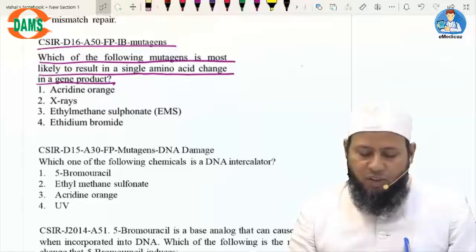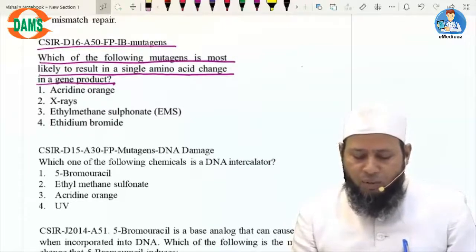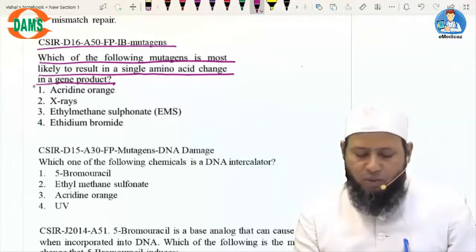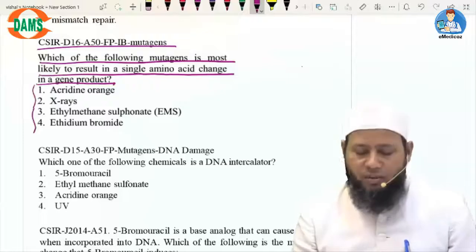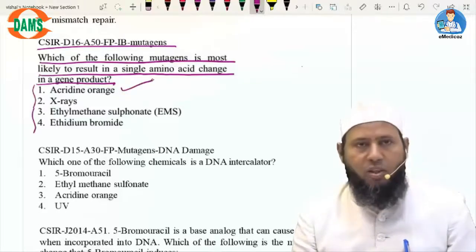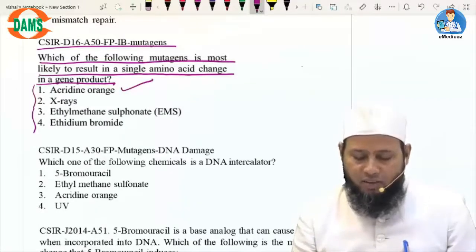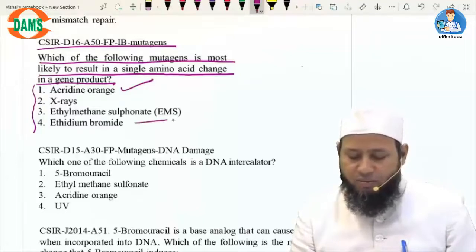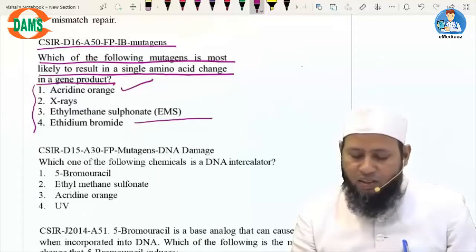So here, what kind of mutagens are given? Acridine orange, we know, is a DNA intercalator. Then we see ethyl methyl sulfonate, which is an alkylating agent, and then ethidium bromide. Ethidium bromide is also an intercalating agent.